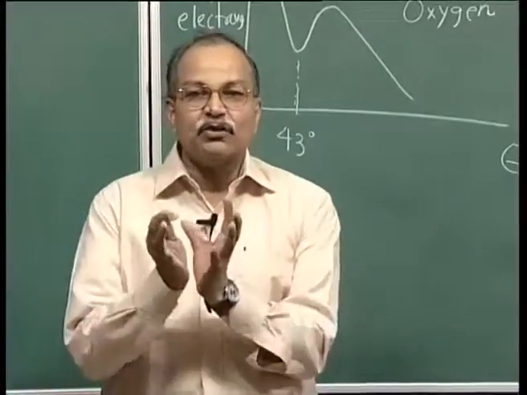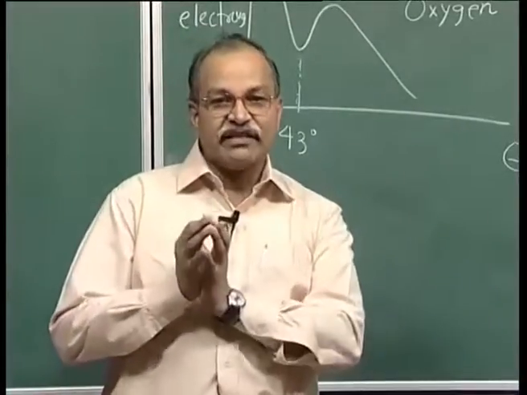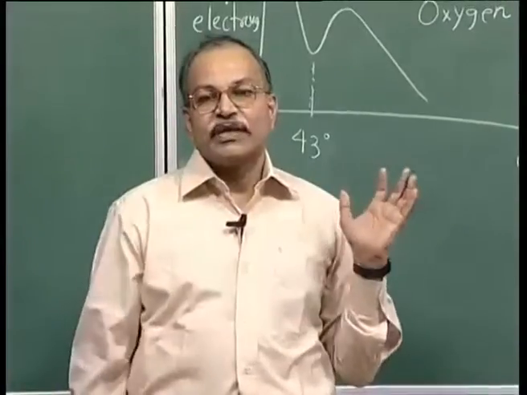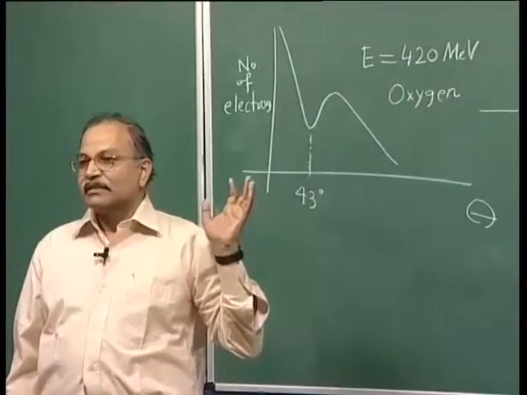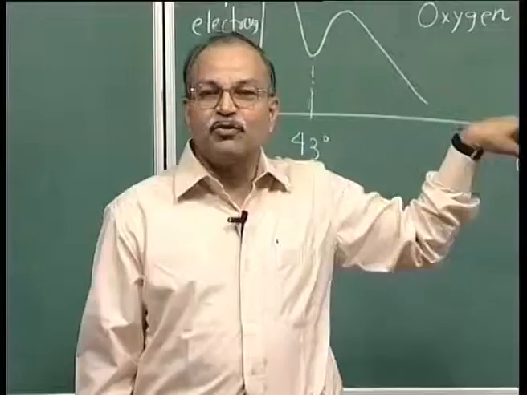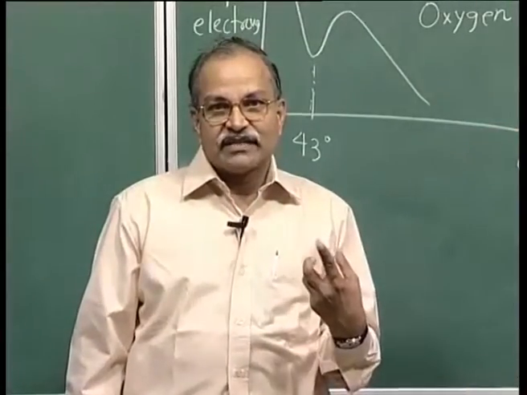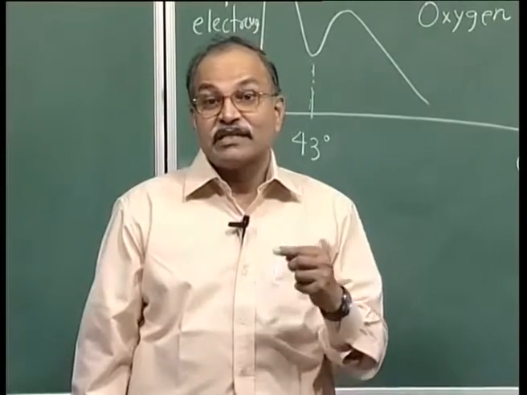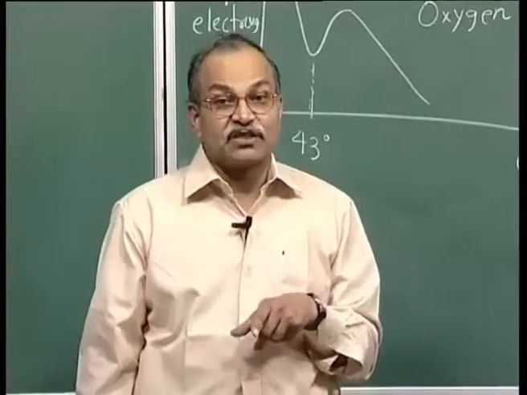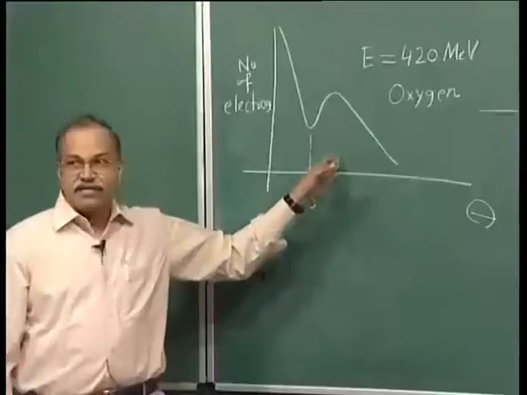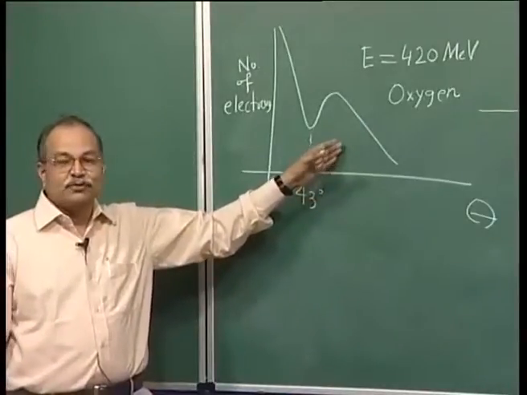You collect only those electrons which have energy close to this 420 MeV, the incident energy. So, you know that you are only looking at the energies of the electrons which are scattered from the nucleus and not the electrons of the atoms. So, this is truly for the nucleus alone.